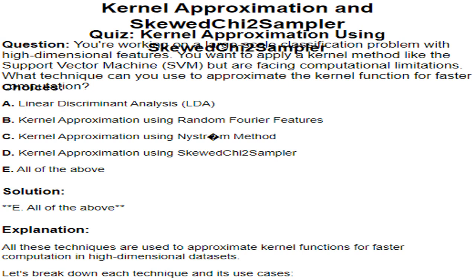Imagine you have data points that are not linearly separable in a 2D space. A kernel method like SVM could map these points to a higher dimensional space, e.g., 3D, where they become linearly separable. The kernel function defines how the data is transformed to this higher dimensional space.